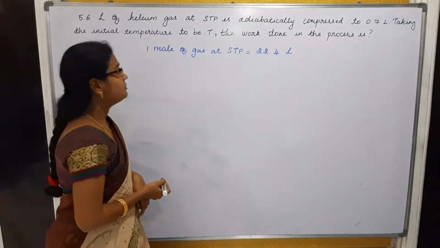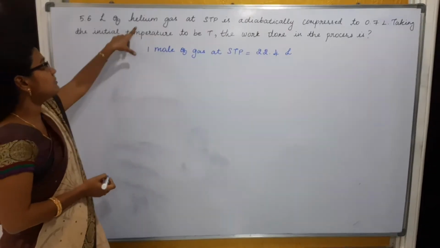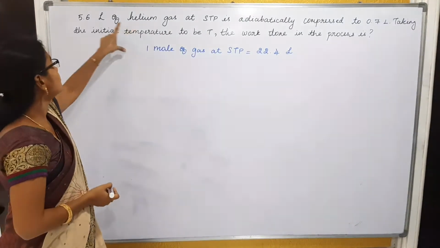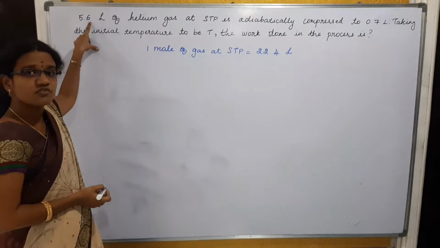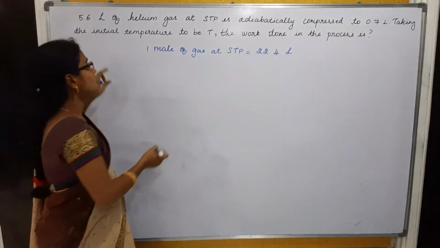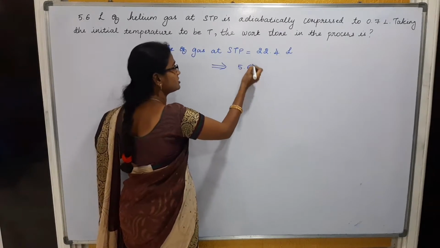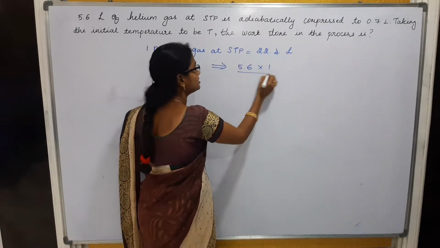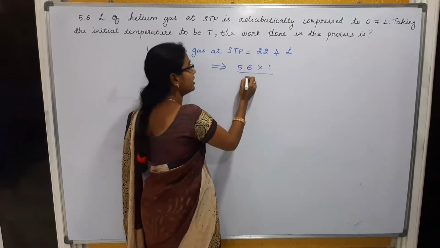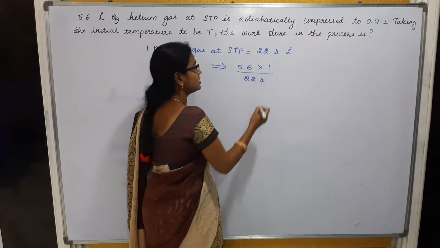The helium gas in this question has an initial volume of 5.6 liters. In order to convert this value into moles, we have to multiply by 1 mole and divide by 22.4 liters.